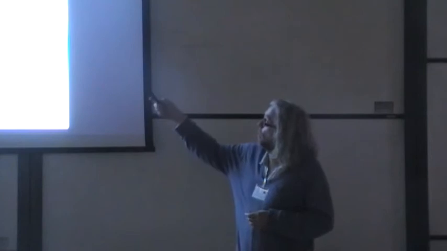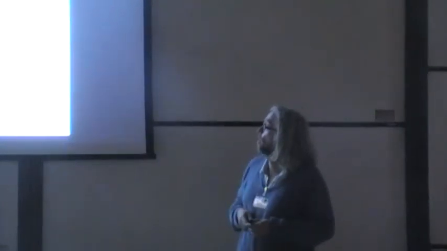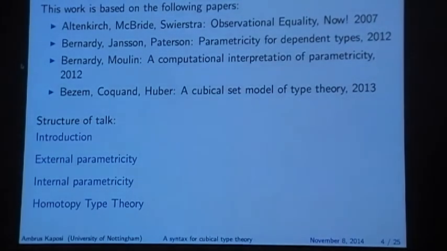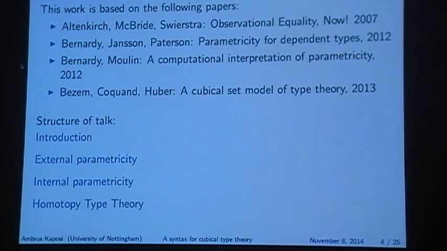And some other important work is this work by Bezem, Coquand, and Huber on the cubical set model of type theory, which is the first constructive model of homotopy type theory. And it turns out that if you look close enough at this parametricity interpretation, the cubes show up in a natural way.